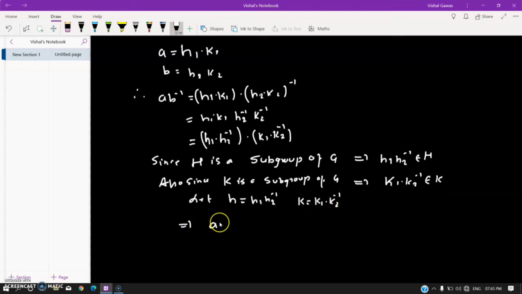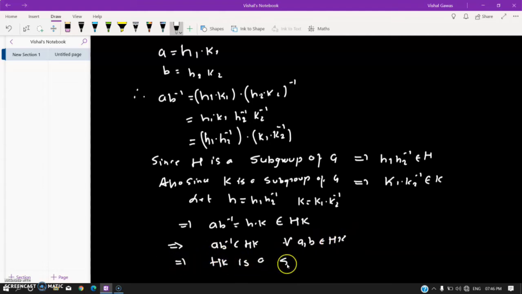This implies that ab inverse is equal to h times k, which belongs to HK, and since a and b were arbitrary elements, this implies that ab inverse is in HK for all a, b in HK, which implies that HK is a subgroup of G. Clear?